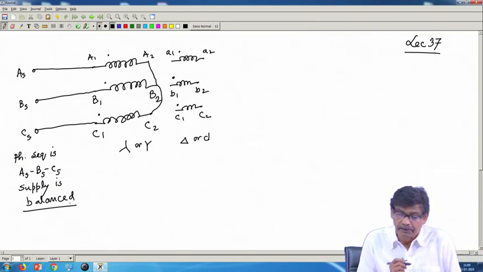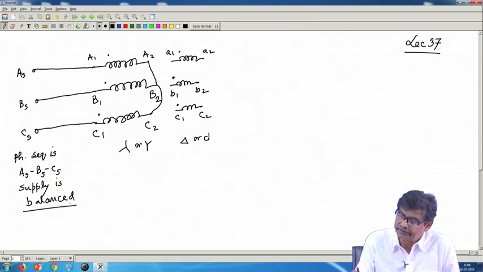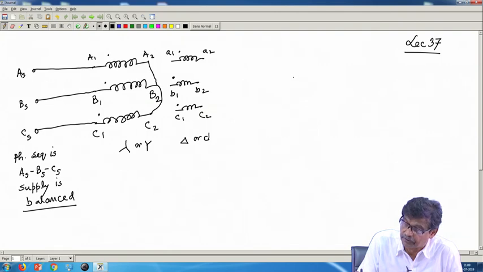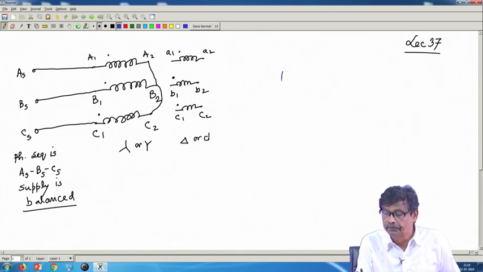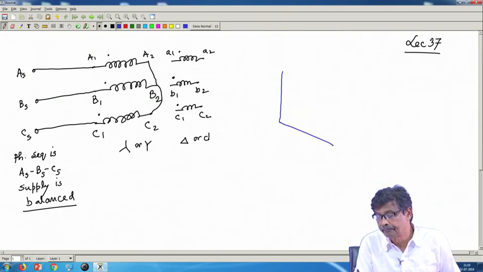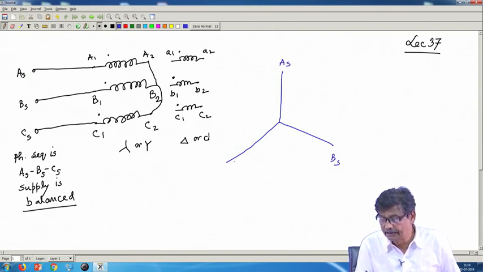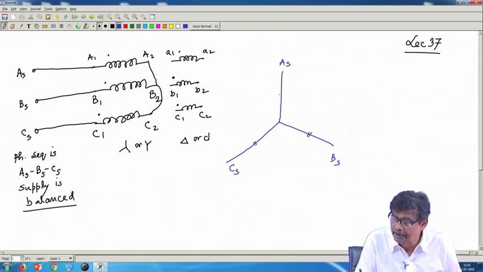If the supply is balanced, then the best thing to do is draw the supply voltage first. So, I draw the supply voltage like this, 120 degrees apart, equal lengths, and this is suppose AS, BS and CS. All lengths are equal, balanced.